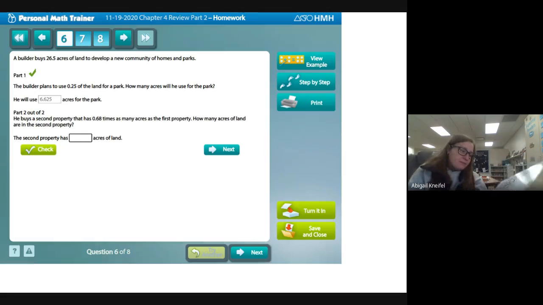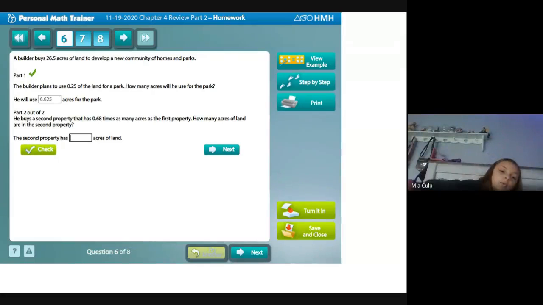Fabulous. Now, we need to take our original amount of acres and times it by the new number they gave us, okay? They gave us a new number times our original acres. I take out my decimal so I know where to put it back in for later. This is my fault.